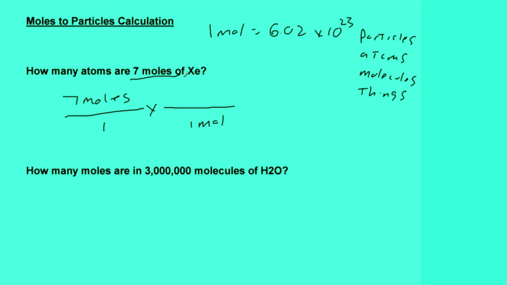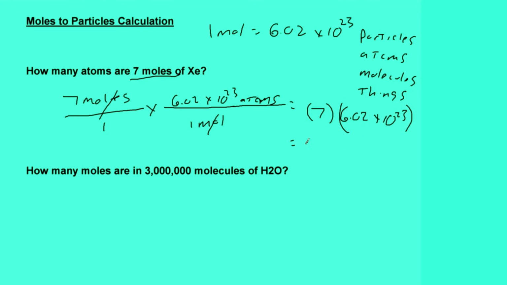Up here is the number of atoms because we're dealing with atoms. So 6.02 times 10 to the 23 atoms. Look what happens. Moles cancels. Our units are in atoms, we're going to multiply 7 times 6.02 times 10 to the 23.